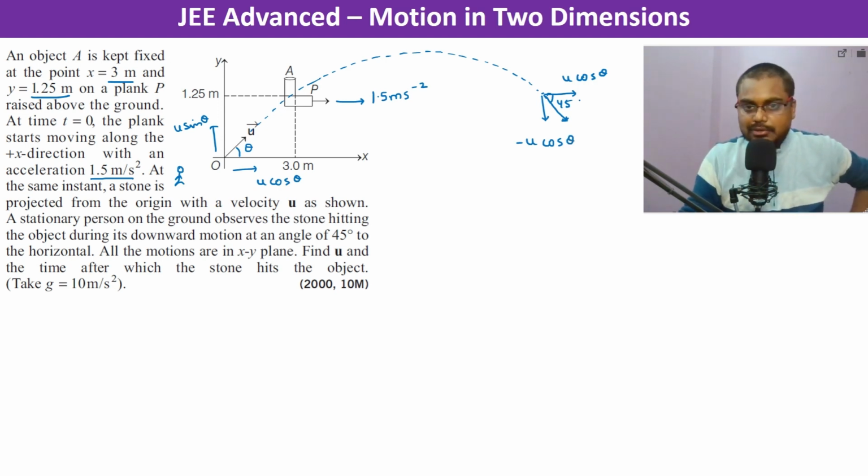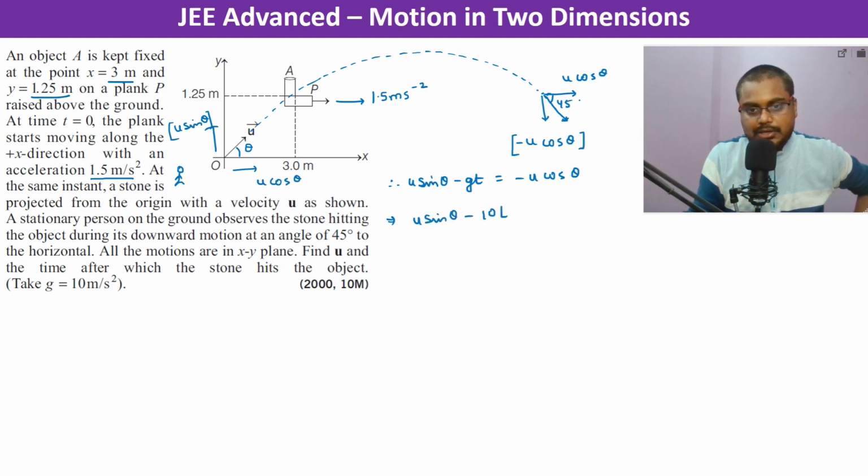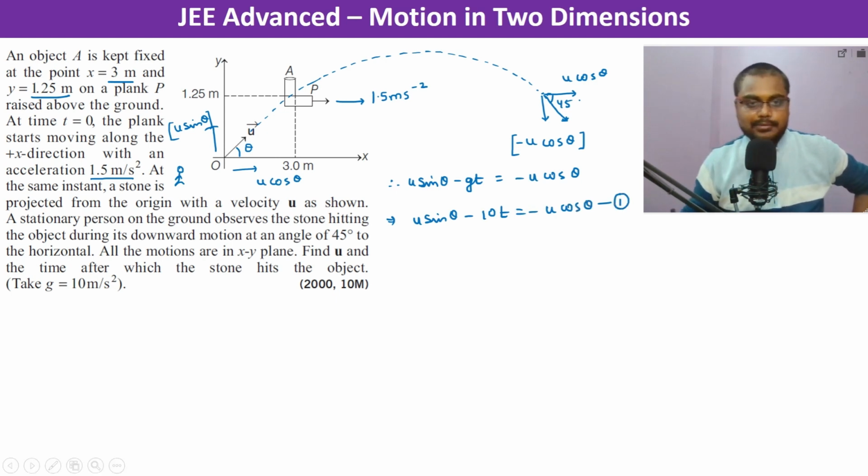So after time t, the velocity in y direction becomes minus u cos theta. So we can write u sin theta minus gt is equal to minus u cos theta, so u sin theta minus 10t is equal to minus u cos theta. So this is the first equation.